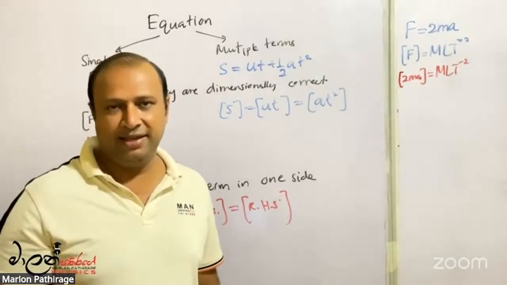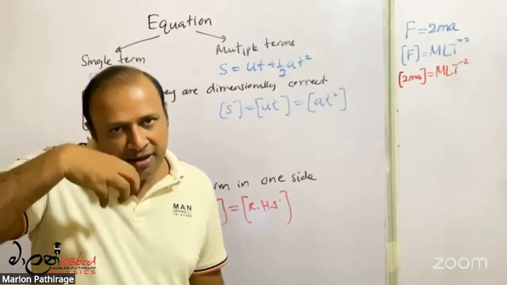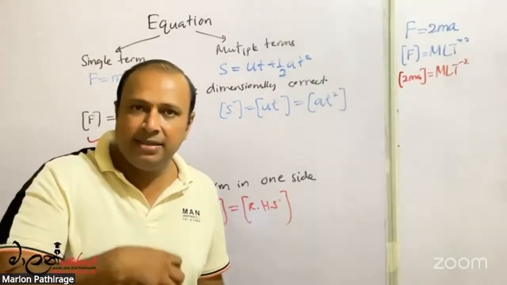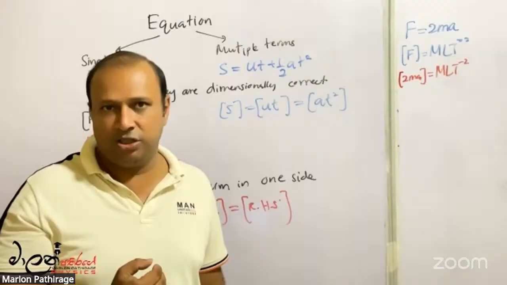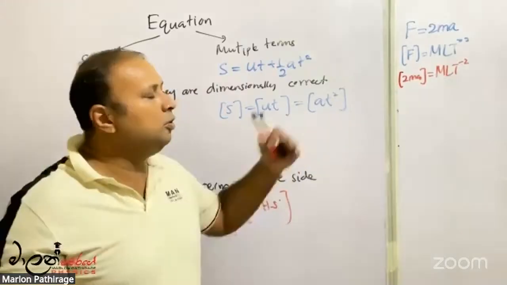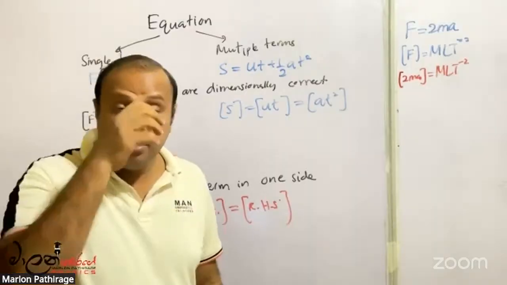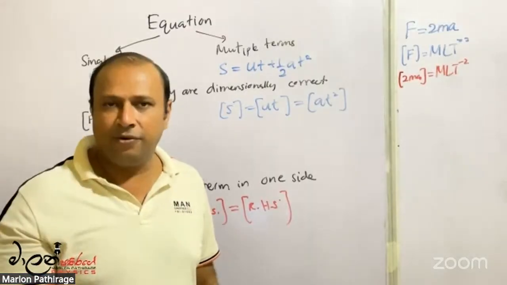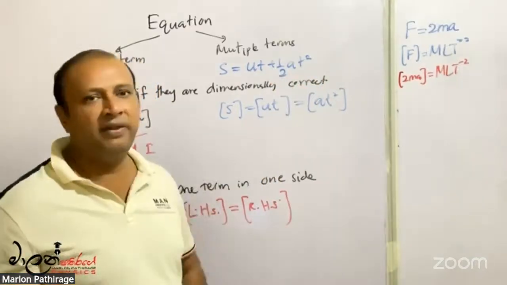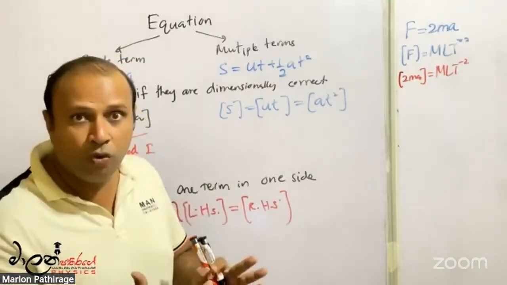Because if there is a numerical factor in this equation, we cannot evaluate the accuracy of that numerical factor. Because numerical factors do not have dimensions, dimensionally we cannot evaluate the accuracy of that numerical factor. You cannot evaluate whether this 2 is correct or not.